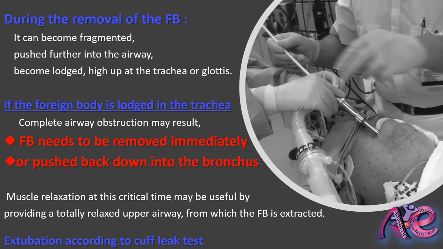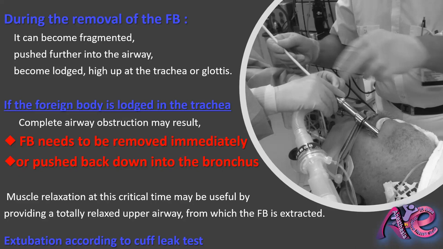Muscle relaxation at this critical time may be useful by providing a totally relaxed upper airway from which the foreign body is extracted. After removal of the foreign body and removal of the rigid bronchoscope, I have to intubate the trachea again to secure the airway and for recovery of the patient.